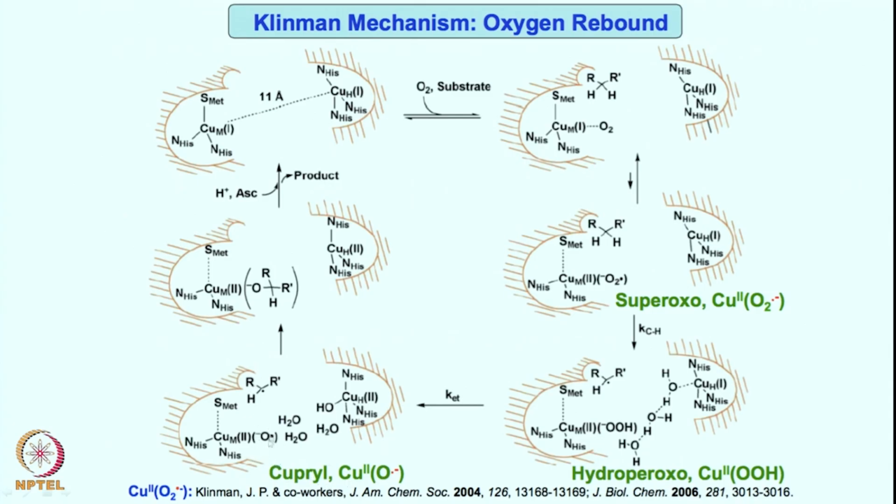Now, this cupryl and the radical will combine to give the copper alkoxide, and then the product goes out and ascorbate comes into the picture for reducing the copper center, and the overall catalytic cycle goes on.